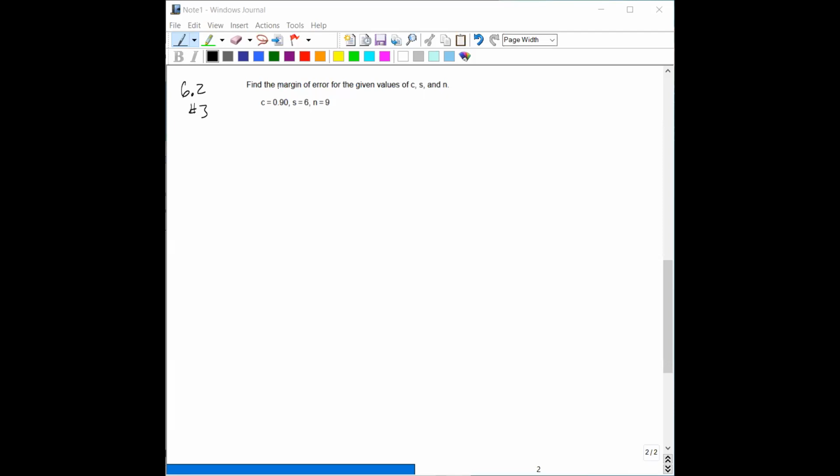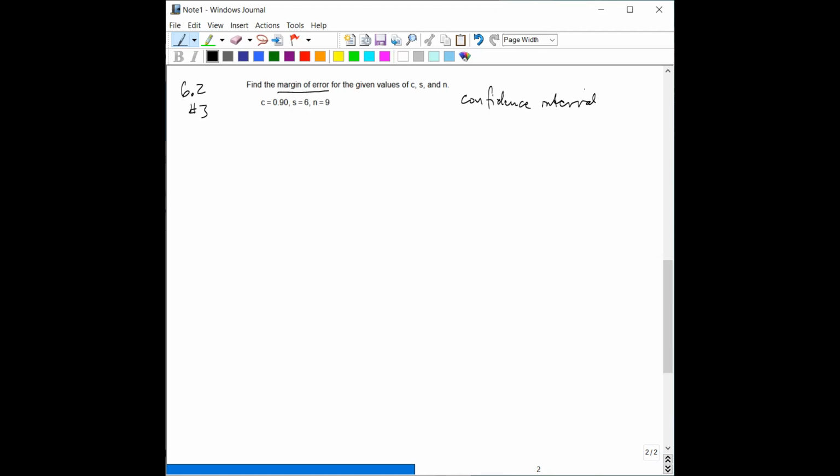And of course, if it says margin of error, then it must be talking about a confidence interval. It's not explicitly asking for a confidence interval, but it is asking for the margin of error. So the procedure is just about the same as making a confidence interval.